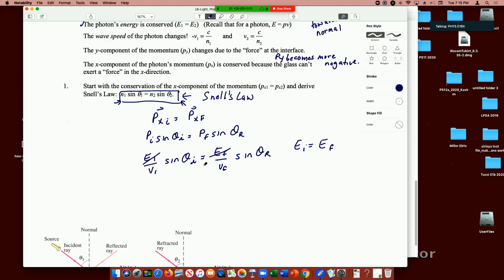But the velocity changes, and the velocity is just c over the index. So I can write n1, the index for the air, the thing it's starting out in, divided by c times the sine of the incident angle equals n2, the index of the thing it's refracting into, divided by c times the sine of the refracted angle. And c is a constant on both sides, so you end up with Snell's law.